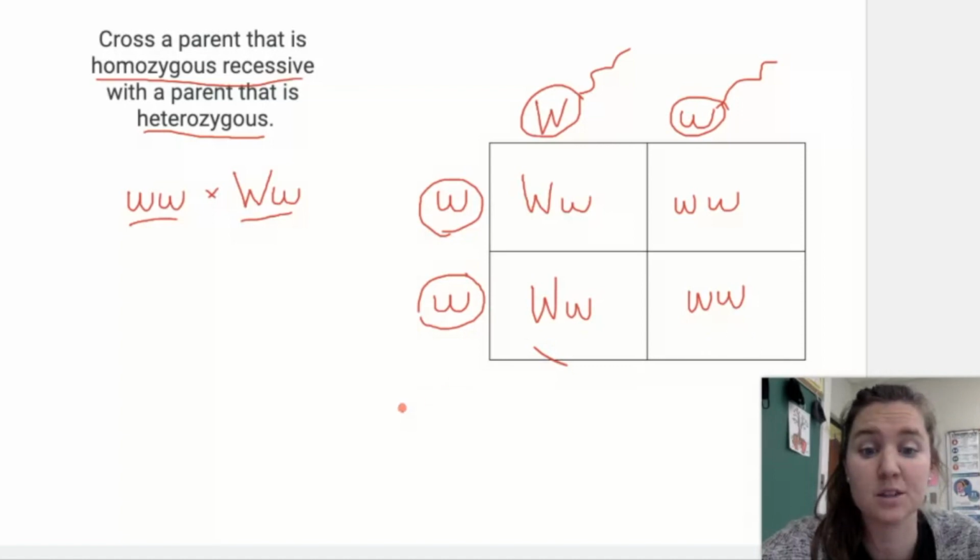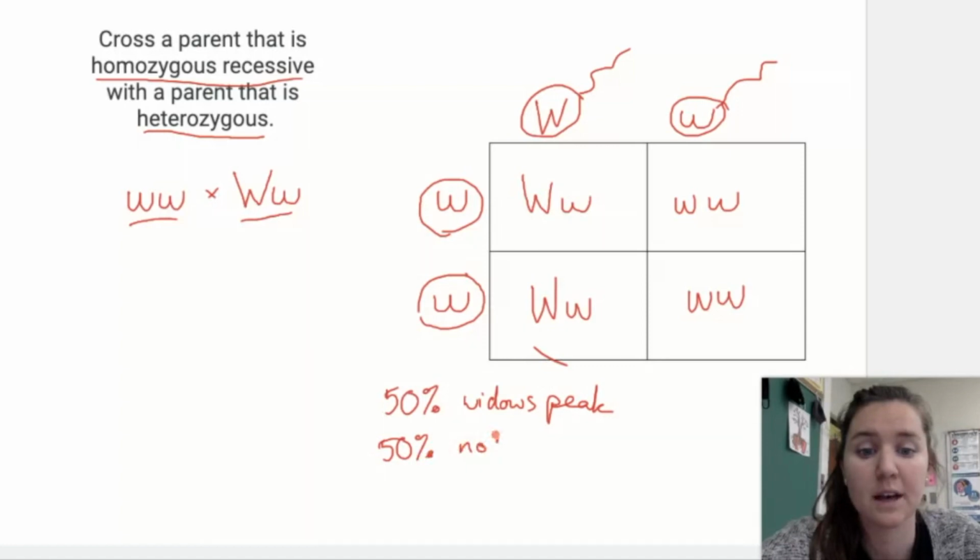Now what that means in terms of their phenotype then, there's a 50% chance that the offspring would have a widow's peak. And there's a 50% chance that they would not have a widow's peak, or no widow's peak.